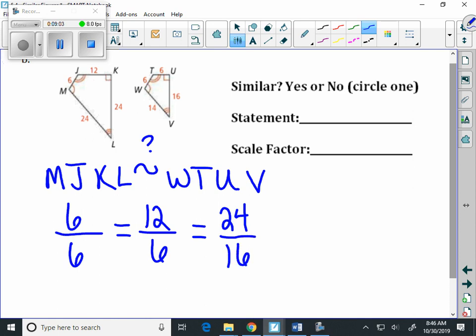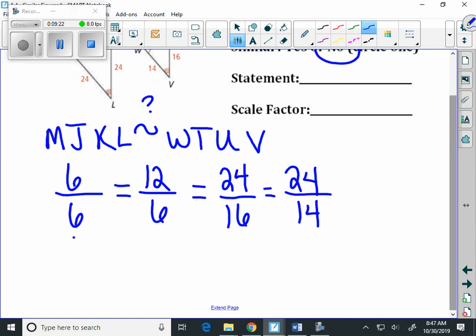Again, that's going to give us a different number, as well as if we compare ML to WV, which is 14. But no, all of those values are different. 1 doesn't equal 2, and once they don't equal, we don't have similar figures.